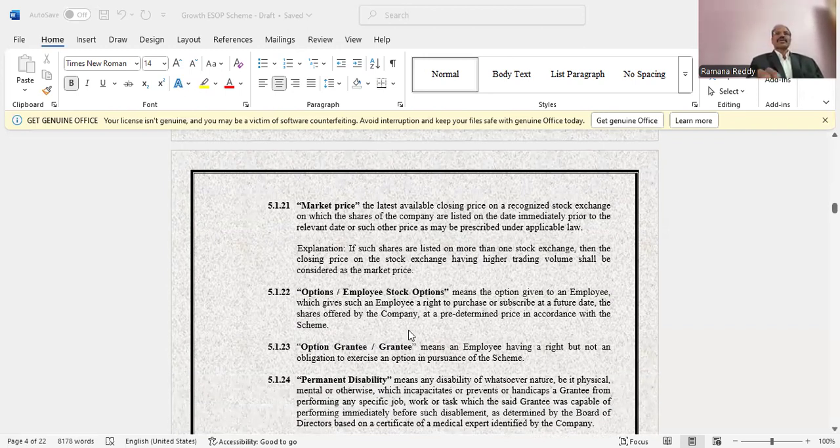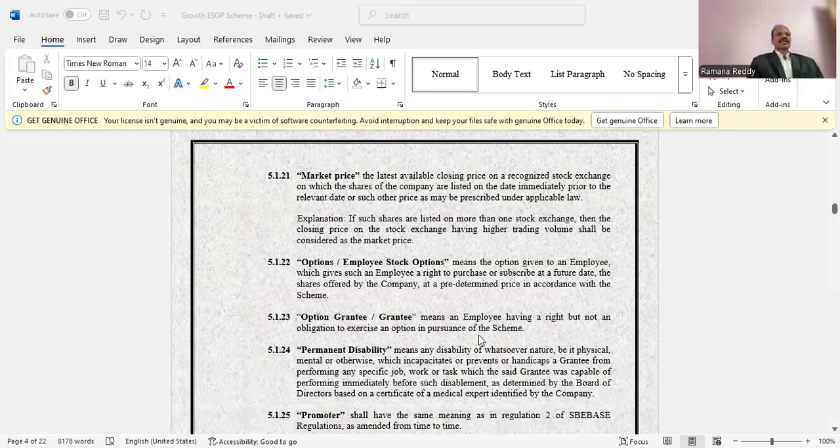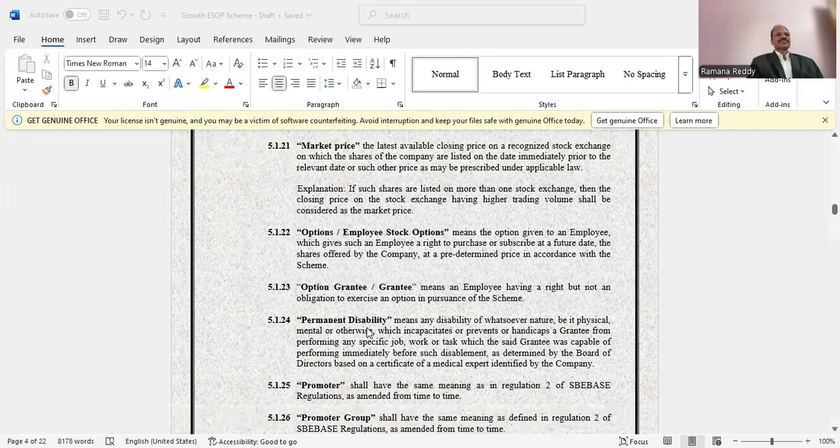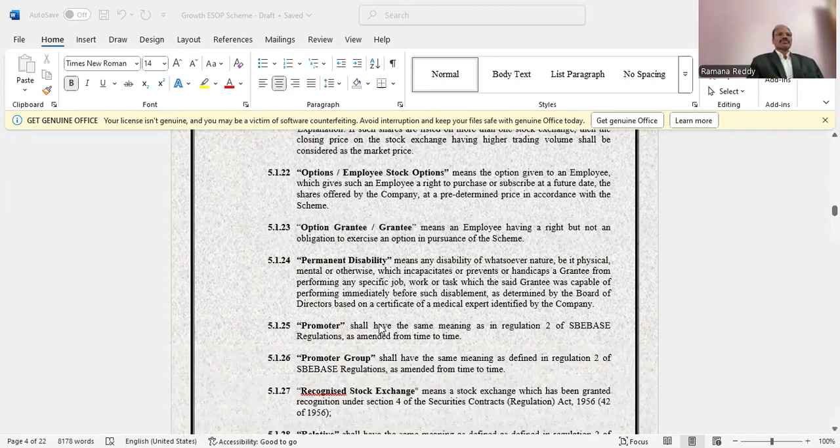Options, the employee stock options, means the option given to the employee. This is not an obligation. This is a right to purchase or subscribe at a future date at a predetermined price. So who is the grantee? Employee is the grantee who receives the grant letter. Here we'll talk about the permanent disability also. Permanent disability means this will be decided by the board of directors based on the certificate issued by the medical expert.